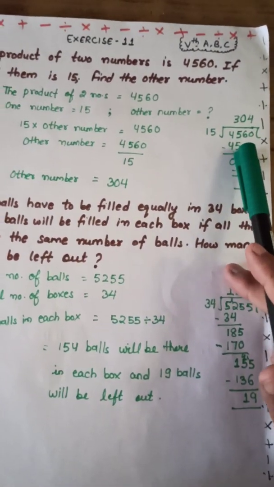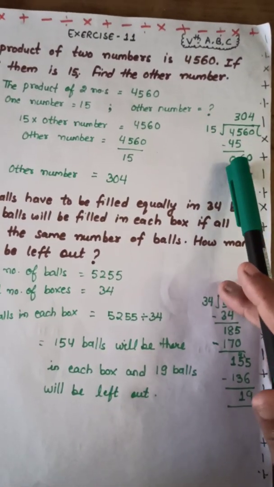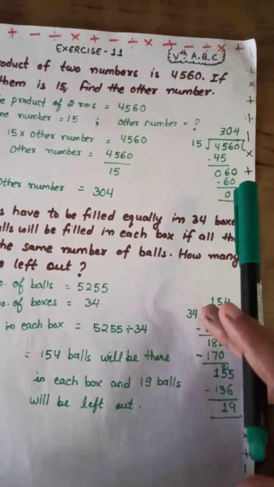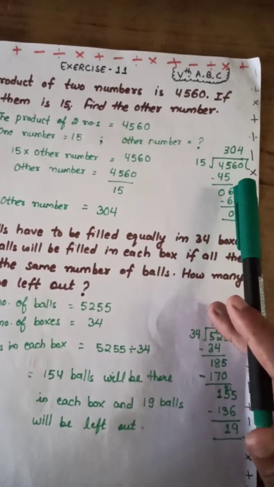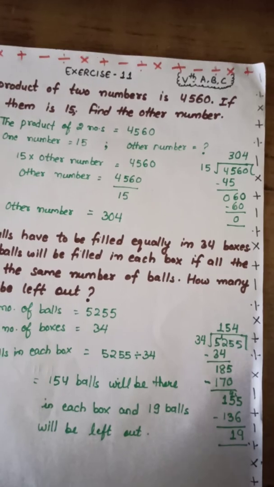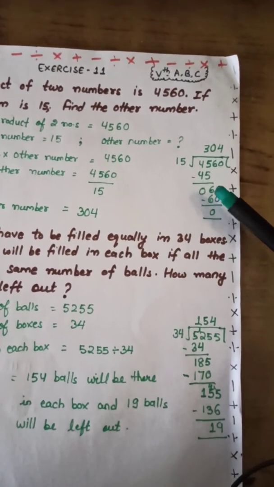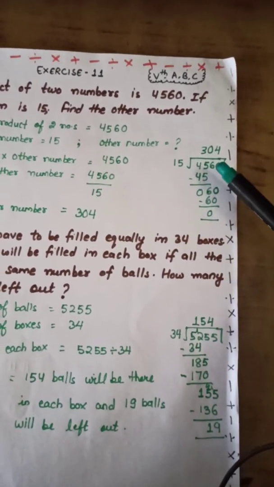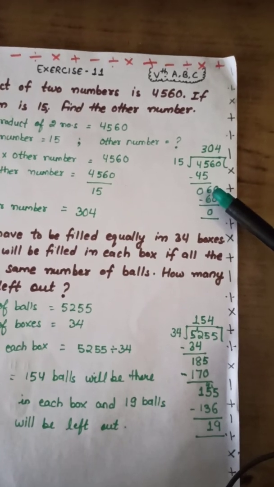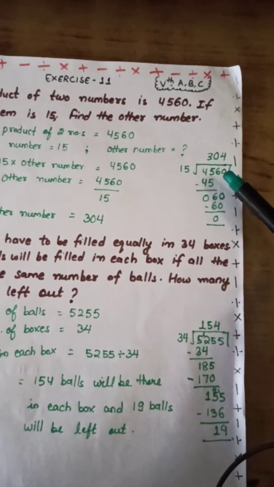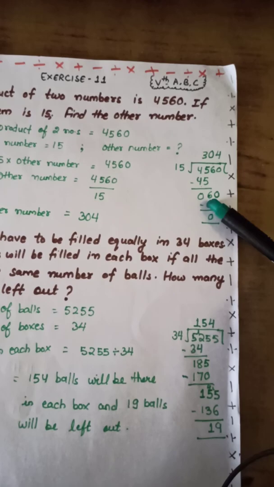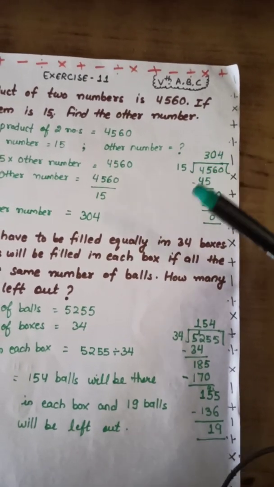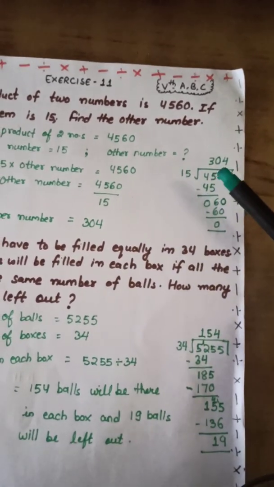15 3s are 45. After subtracting we get 0. Now we write this 6 over here, but we cannot divide 6 by 15, so we have to take this 0 as well along with it. But as we took two digits together, we have to write 0 over here. This is the rule of division.